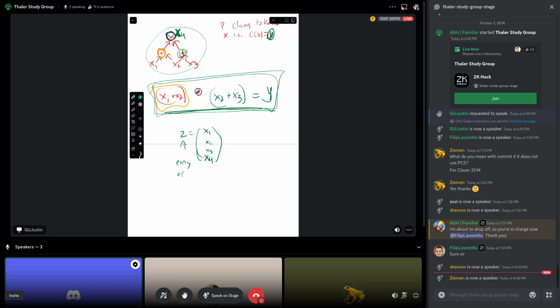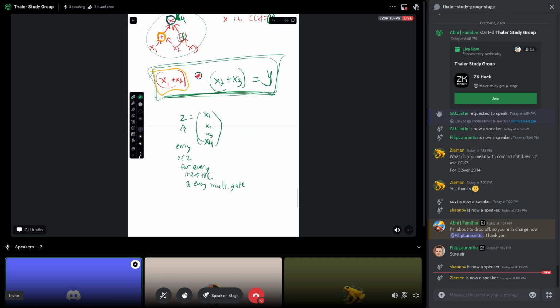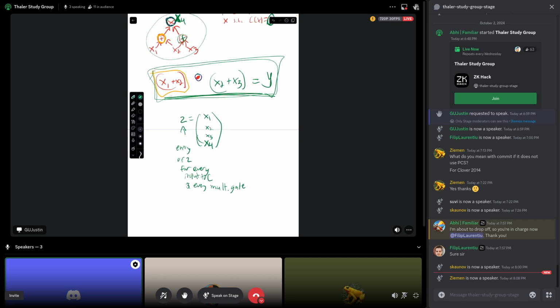There's an entry of Z for every input to the circuit and every multiplication gate. And there's one constraint in the R1CS instance per multiplication gate in the circuit.